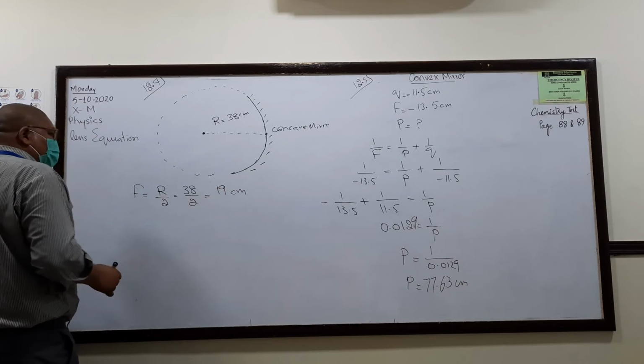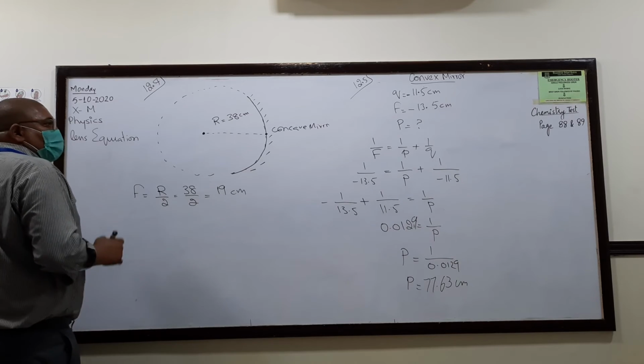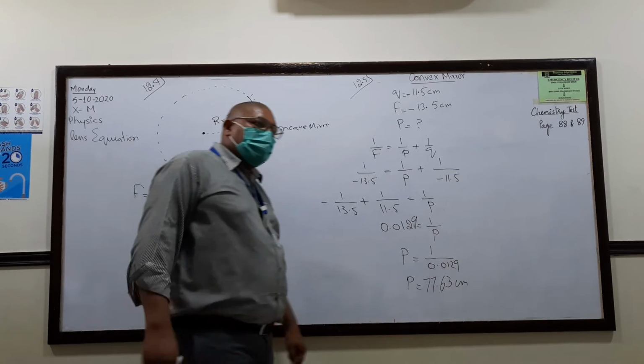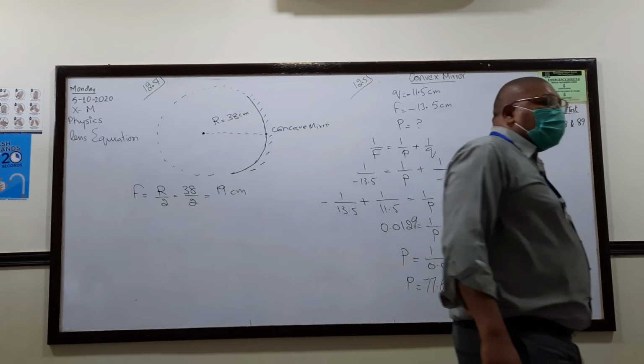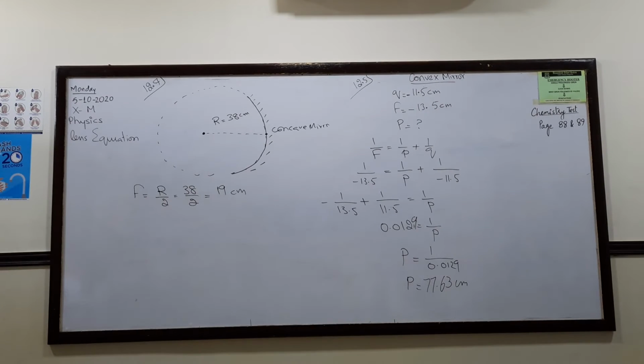That will be the focal length. Because it's a concave mirror, the focal length is positive. The first part answer is 19 cm. Our answer is the same.